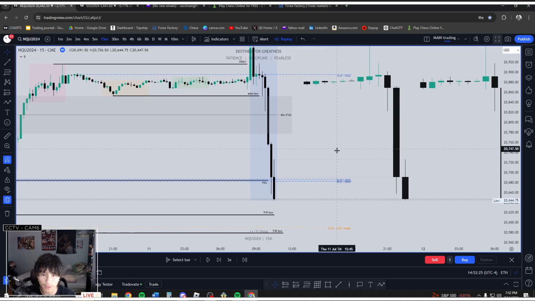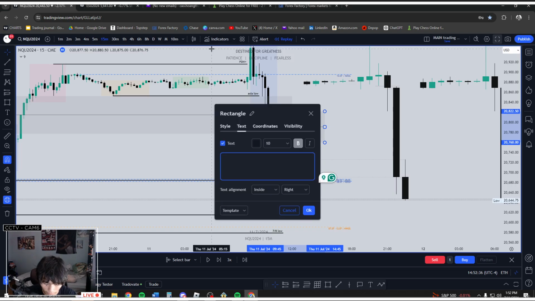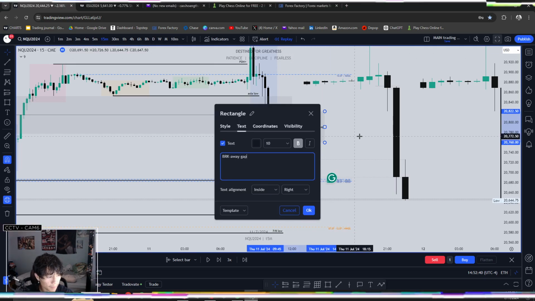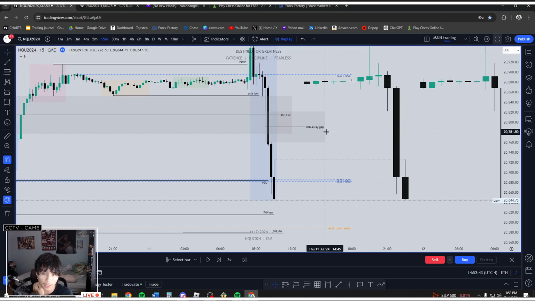Just based on their power of 3. And why I anticipated for prices to treat this 15-minute fair value gap right here as a breakaway gap. So let me note that out. I treat this 15-minute fair value gap as a breakaway gap.